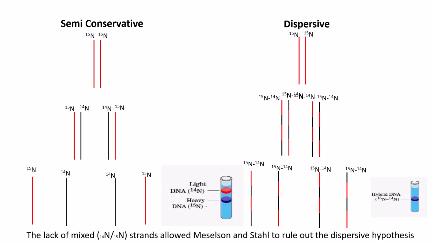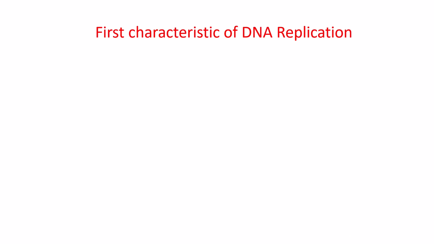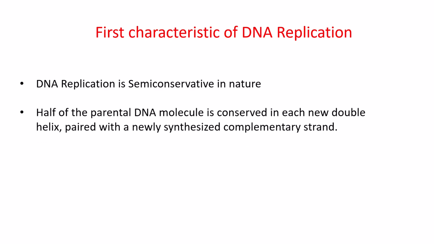This lack of the hybrid DNA strands allowed Meselson and Stahl to rule out the dispersive model of DNA replication. With this, we come to an end of this lecture where we have discussed the first characteristic of DNA replication, and that is that DNA replication is semi-conservative in nature. This tells us that half of the parental DNA molecule is conserved in each new double helix, paired with a newly synthesized complementary strand.